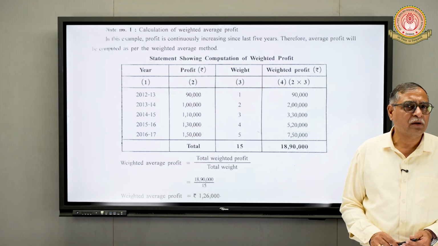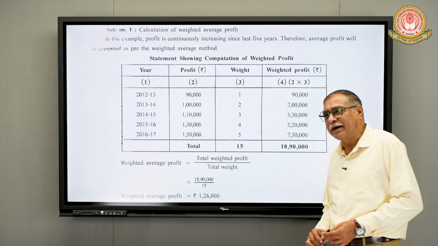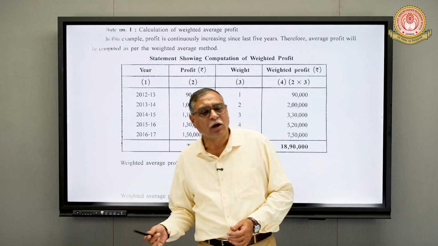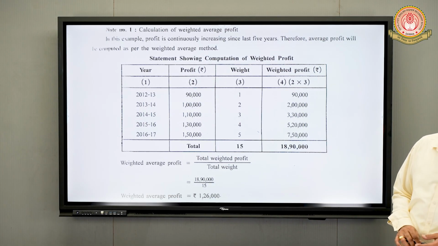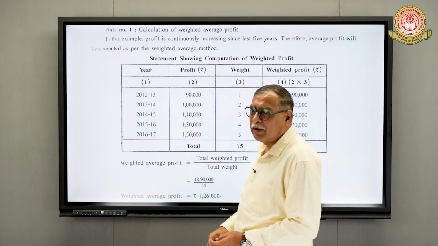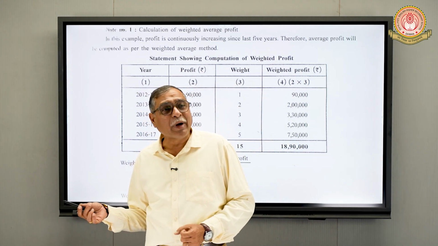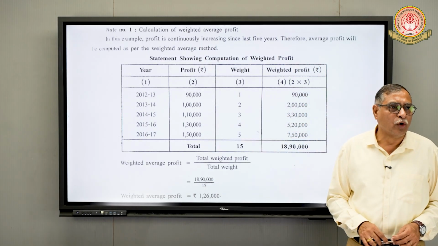Average profit divided by expected rate of return into 100. So that is called capitalized profit. Then how do we calculate goodwill? Goodwill is equal to capitalized profit minus capital employed. So that way we get the goodwill.